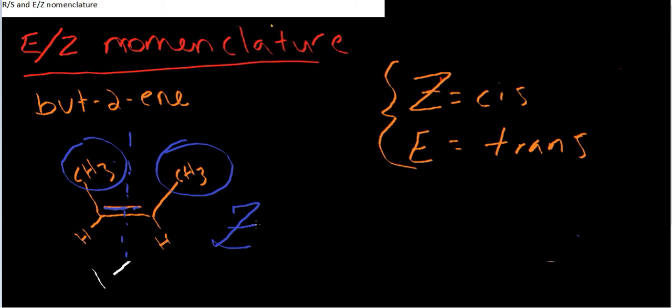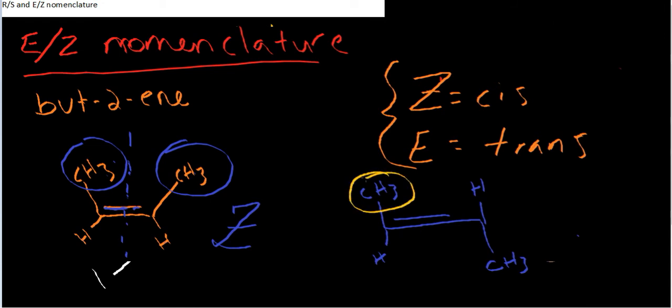They don't have any relationship to each other, but it helps me remember a little better. So I'll draw it like this: CH3 here, CH3 here, hydrogen and hydrogen. As you can see, our highest priority groups are on different sides of the double bond, so they aren't symmetric. So this would be E, because they're on different sides of the double bond.